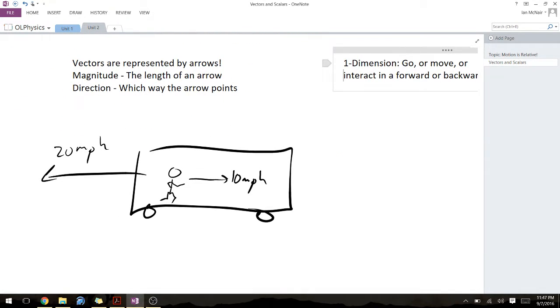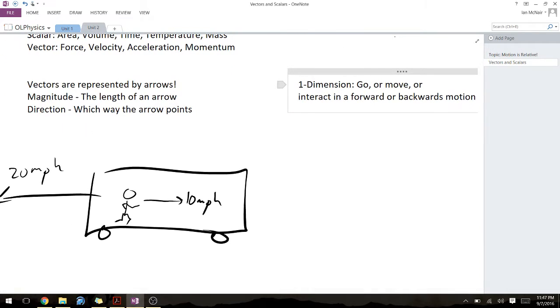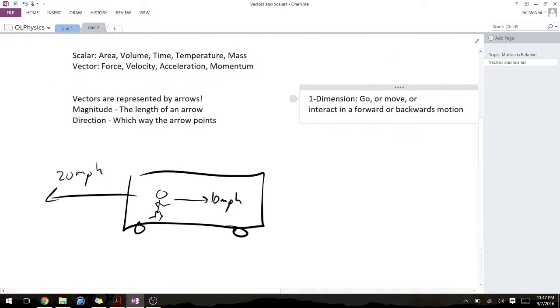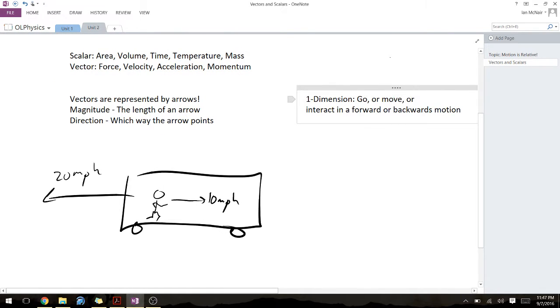So for this bus example, technically speaking, this guy could jump into the air, but I'm not really concerned with that. If we're looking at one-dimensional motion, we're only concerned really with forward and backwards, either just up or down, in or out, just one specific one.